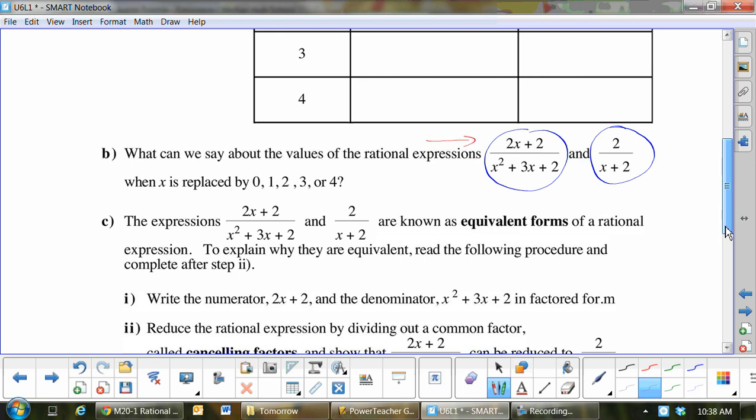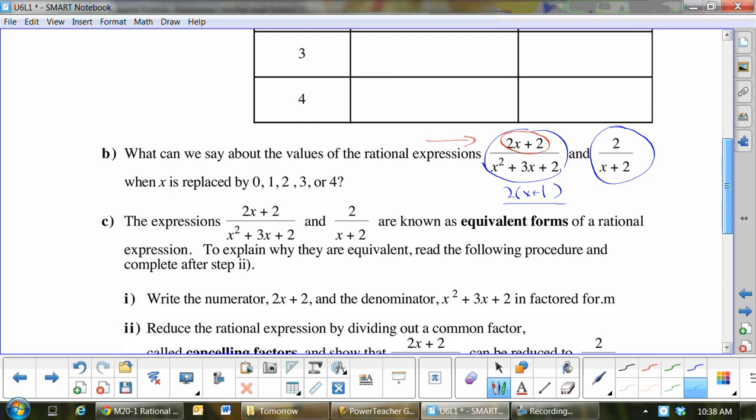Now, let's talk about the top. Can I factor the top? Can I take anything out of both of those? 2. So this would equal 2 times x plus 2, right? Plus 1, thank you. I made that mistake in the last class.